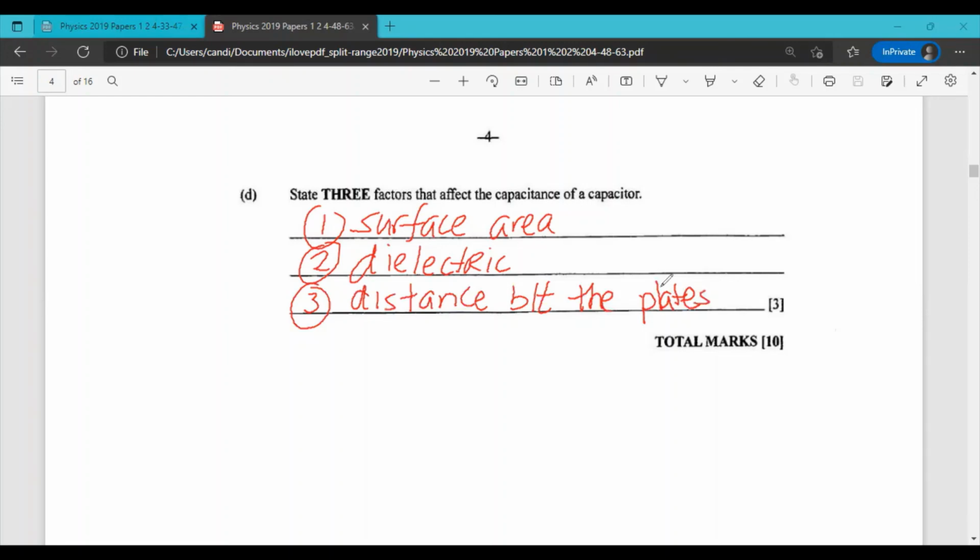The further apart they are, the less attraction the plates are going to have, and that will affect how long the charges stay on those plates. So those 3 factors: surface area, dielectric material, and the distance between the plates, can affect the capacitance of a capacitor.